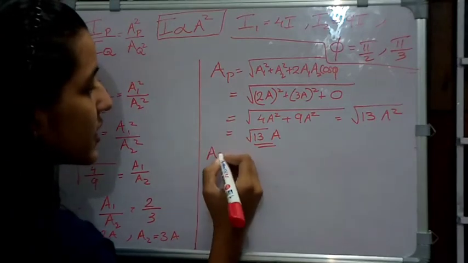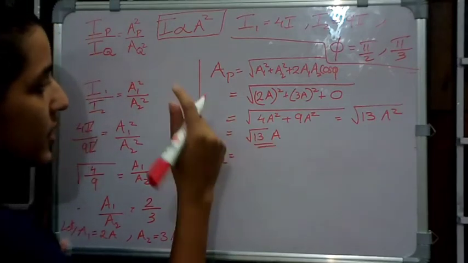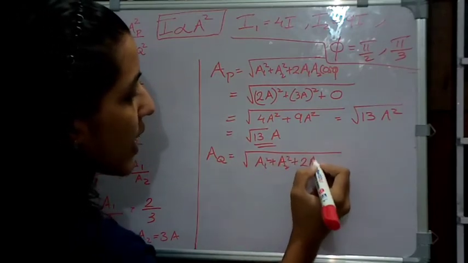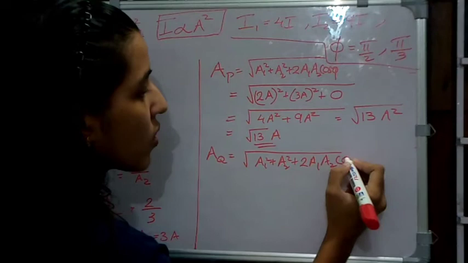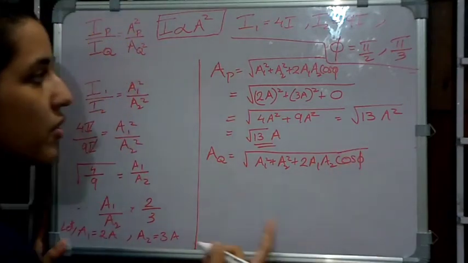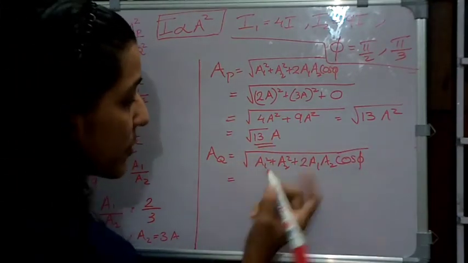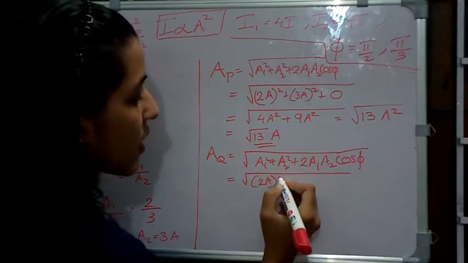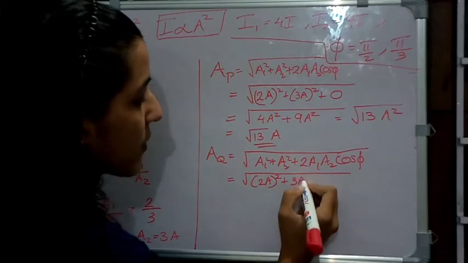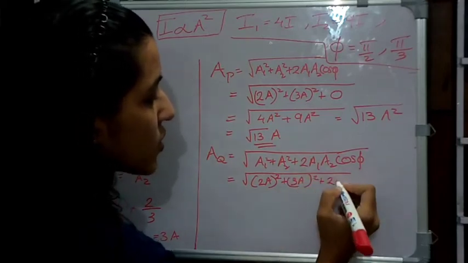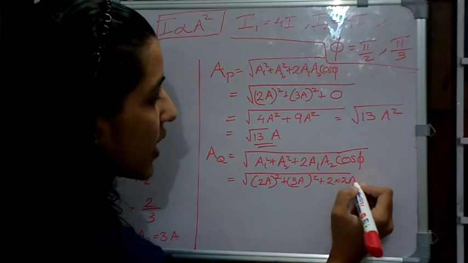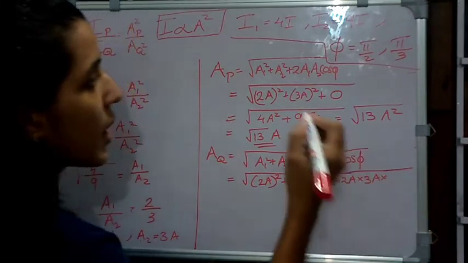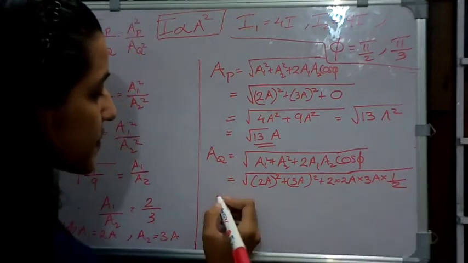Now we need to find the value of AQ using the similar method. Root of A1 square plus A2 square plus 2A1 A2 cos phi. So substituting the value of phi as pi by 3, we get 2A whole square plus 3A whole square plus 2 into 2A into 3A into cos pi by 3, which is 1 by 2.